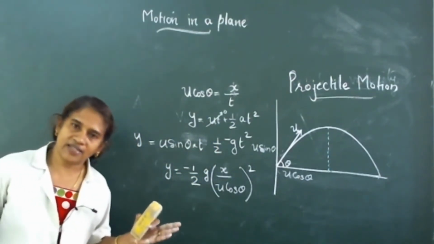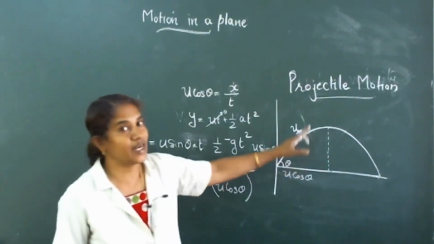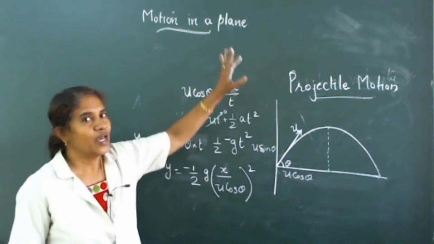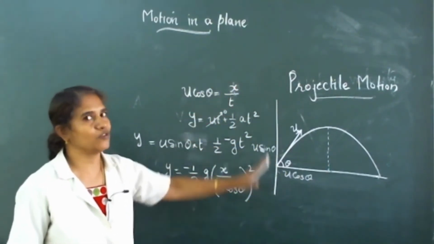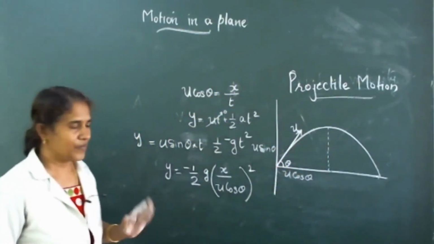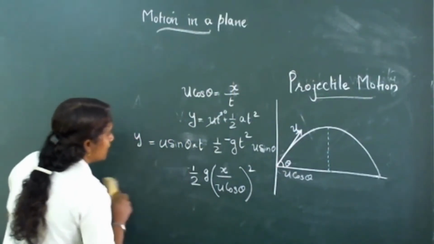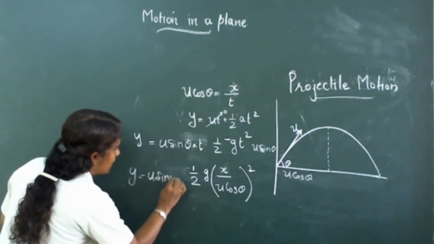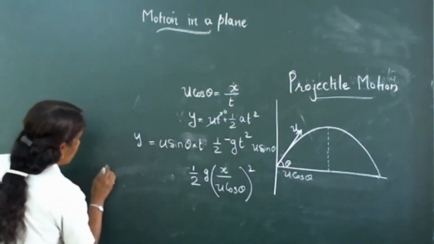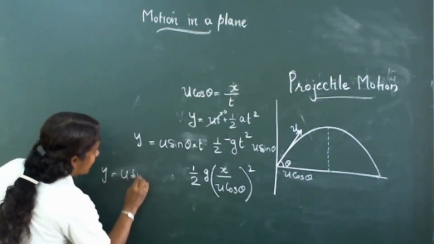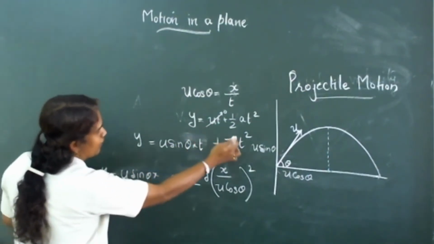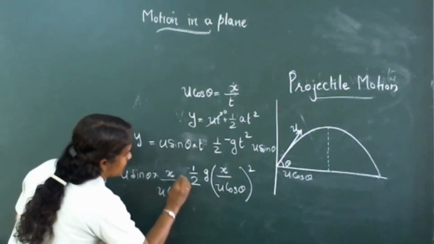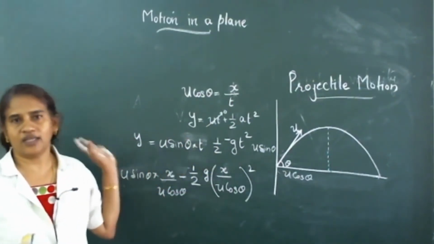So, we have to consider initial velocity as u sin theta, and there also t. So, y is equal to u sin theta into, instead of t, x by u cos theta, minus half g, the other term.